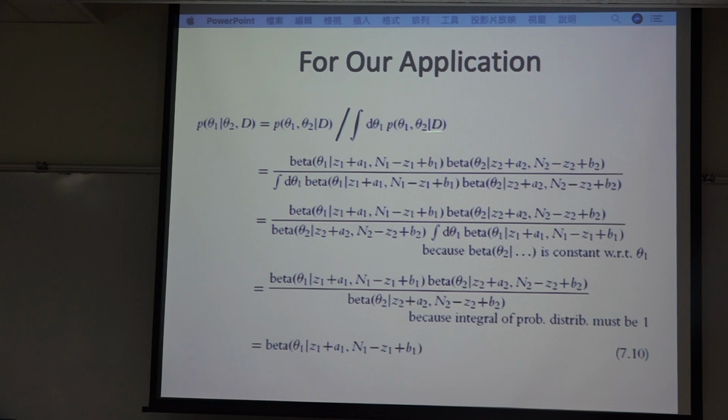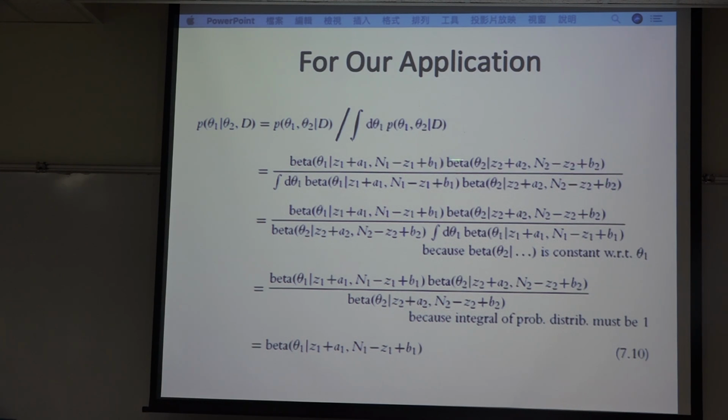We already know this is what? You fix the data D, and it is the probability of theta 1 and theta 2 on condition of the data. That's your posterior. The posterior, you are going to write it out as this one times this one.